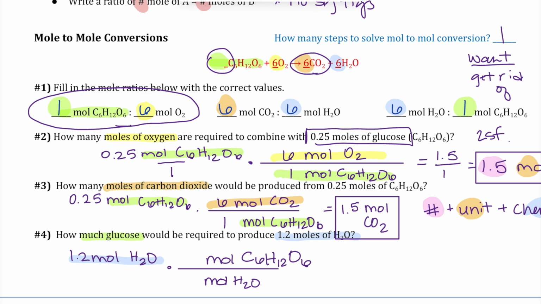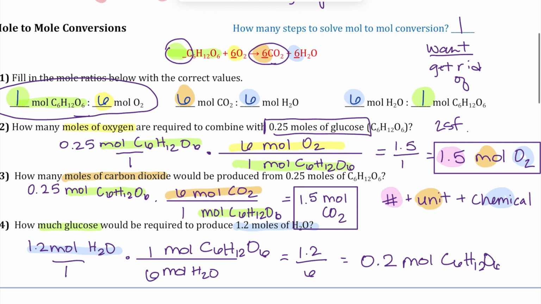C6H12O6. Where do we get those values? We go to our reaction. So I'm going to have 1 mole of glucose to 6 moles of H2O, and then we can go through and do our math. 1.2 times 1 is 1.2, divided by, there's a 1 underneath here, 1 times 6, which is 6, and then we get 0.2, and then our unit, moles of C6H12O6 with that.